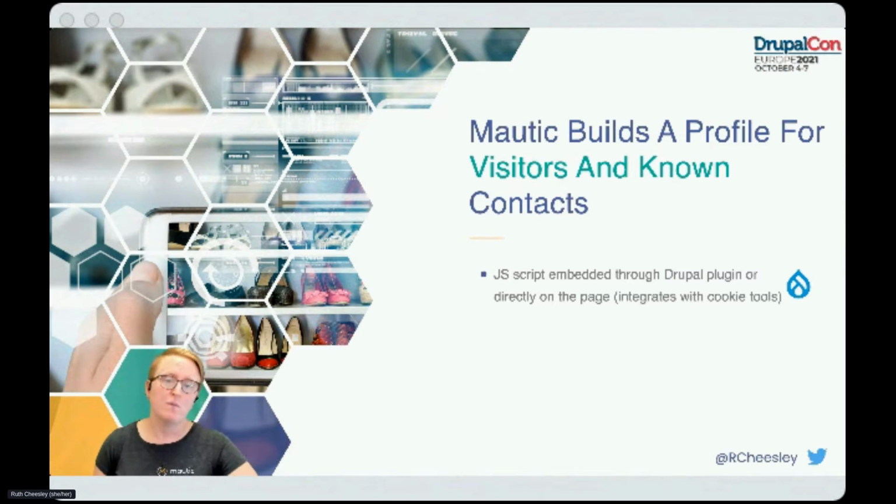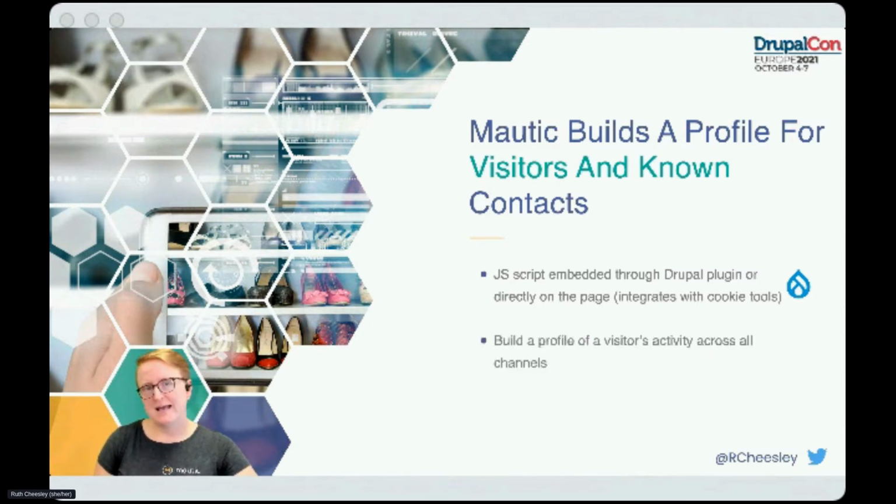It does integrate with the various cookie tools that you have available in the Drupal world and the external world. You may need to do a little bit of tinkering to make sure that it only fires when the cookie has been accepted. And as soon as someone lands on the resources, whether it's a website, application, landing page, it starts to build a profile of that activity across all of the places where you have the tracking code.